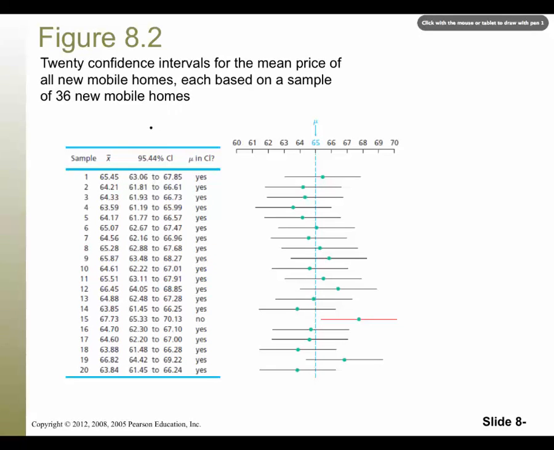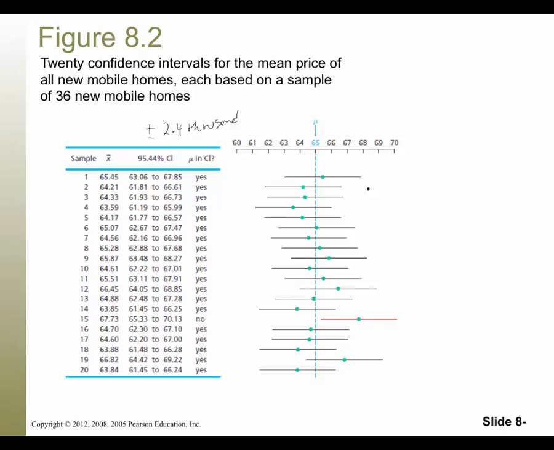So this is plus or minus $2.4 thousand to get those confidence intervals. And so here's the point estimate, and here's the confidence interval. So here are those sample means, and then here is the confidence interval, adding 2.4 thousand above and 2.4 thousand below.